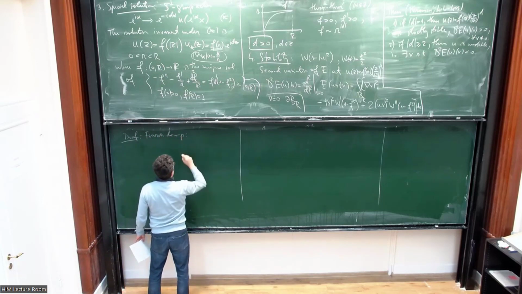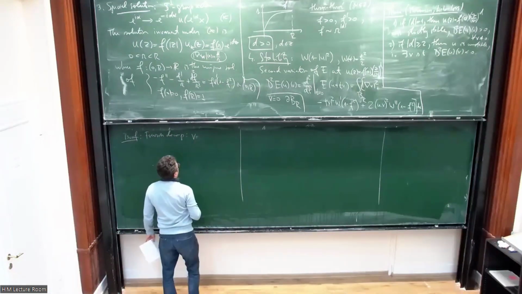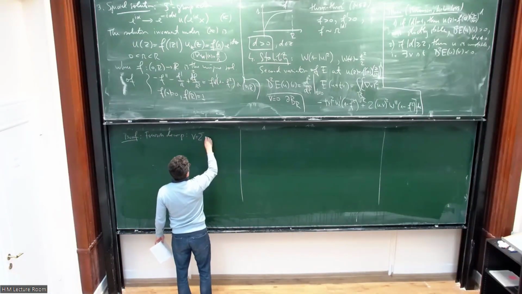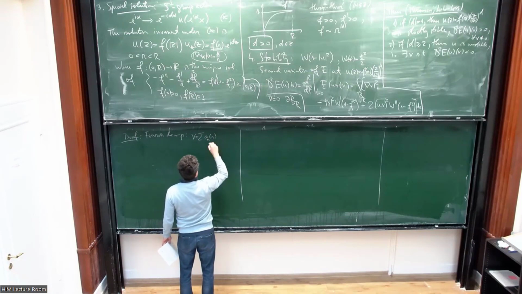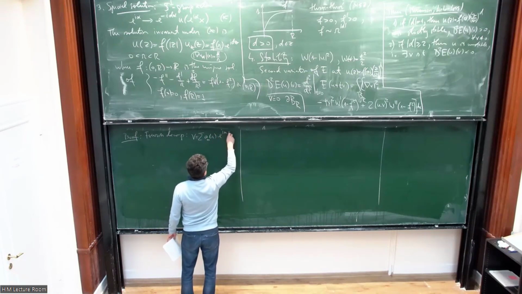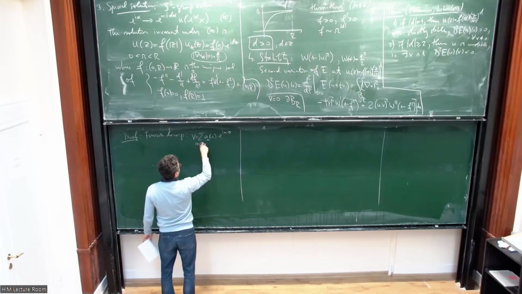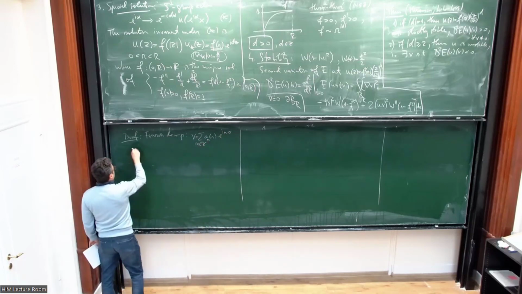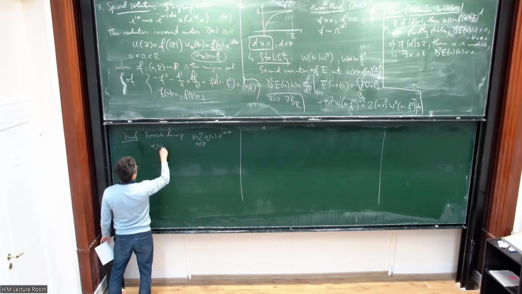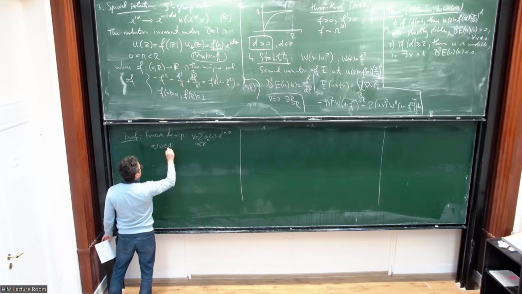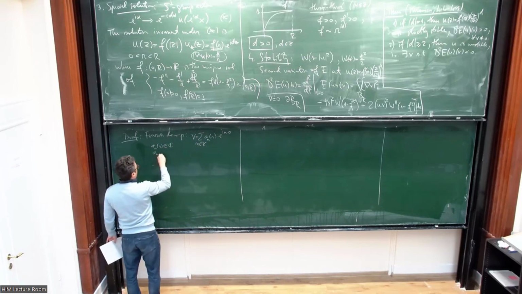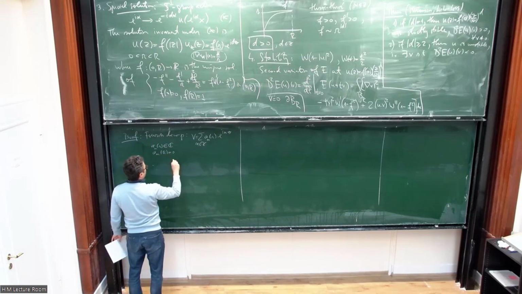So let me write D as A_n(r) e^{i n theta}. These are complex maps, and at R they are 0.